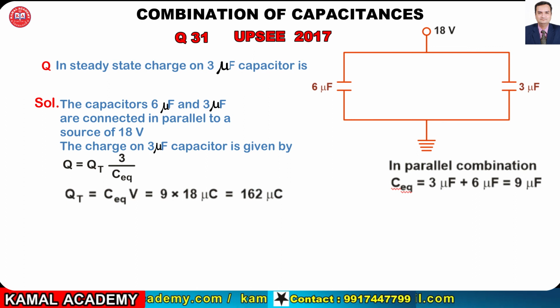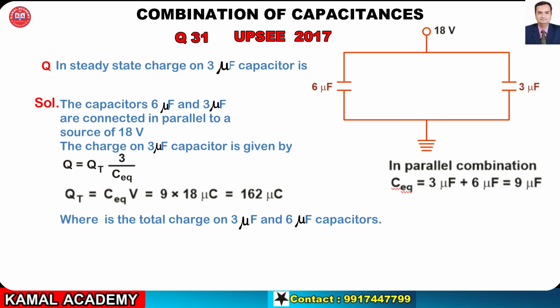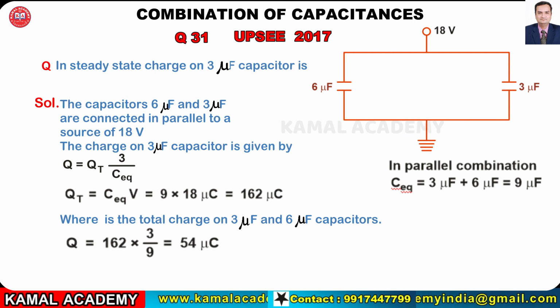This is the total charge supplied by the source to both the capacitors. So the charge accumulated on capacitor of capacitance 3 microfarad is given by Q is equal to total charge, which is 162, multiplied by the capacitance of 3 microfarad capacitor, which is 3, upon equivalent capacitance, which is 9. So we get 54 microcoulomb as the answer.